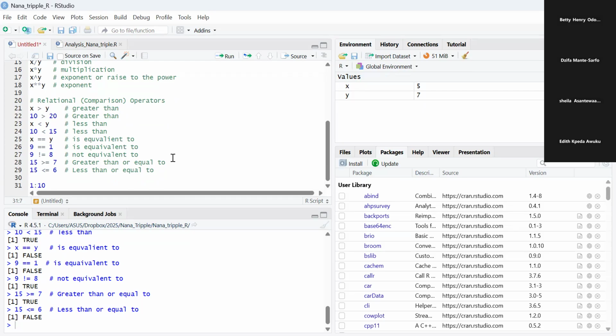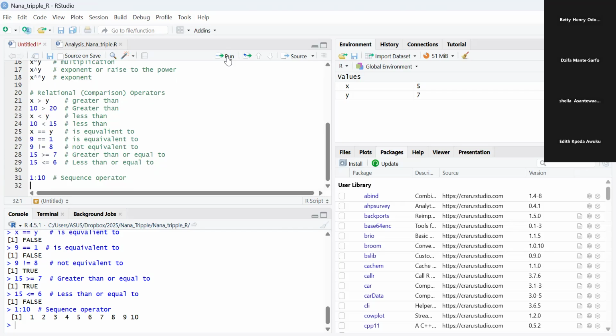I use what we call the sequence operator. What I have asked R to do is to give me 1 to 10. So look at this. When I run it, it gives me 1 to 10.